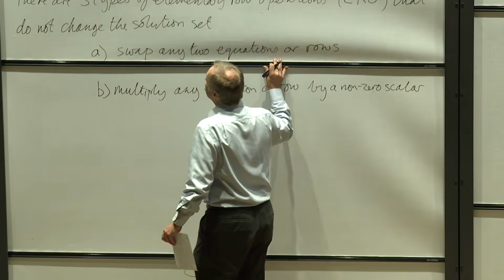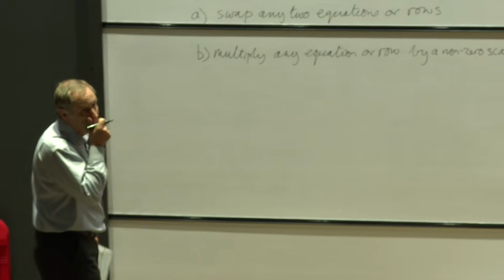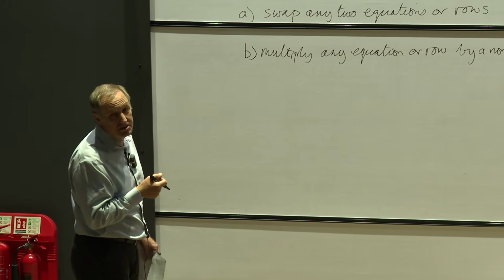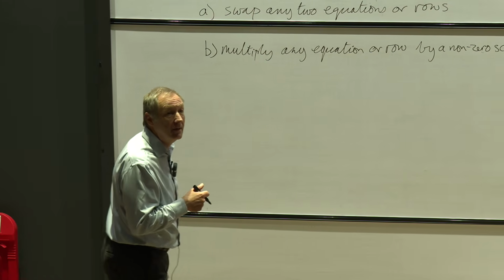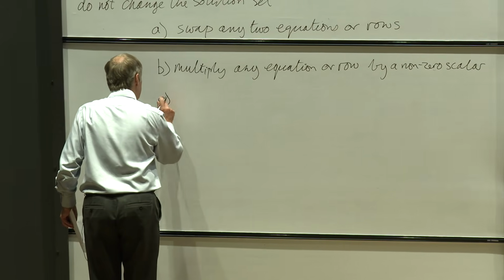Okay. So if my second equation there was 4x minus 2y minus 4z equals 6, it would carry essentially the same information.